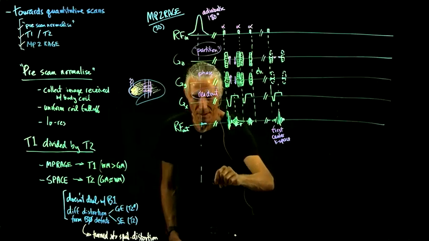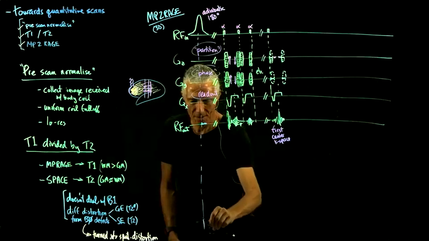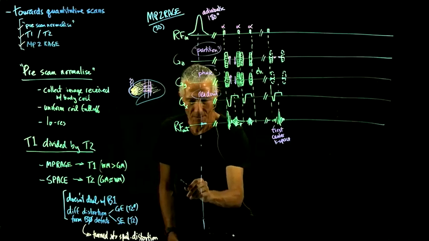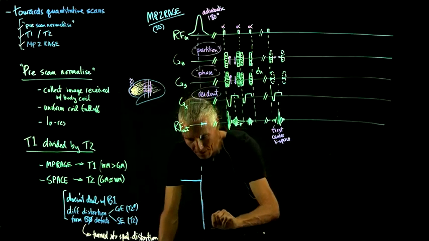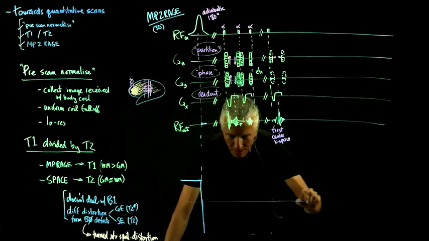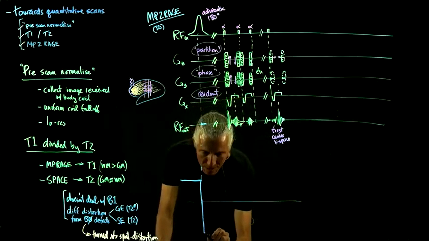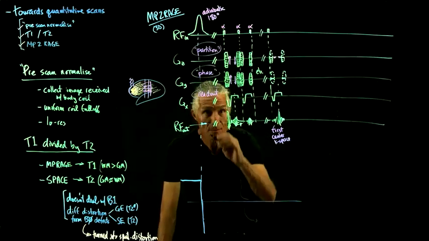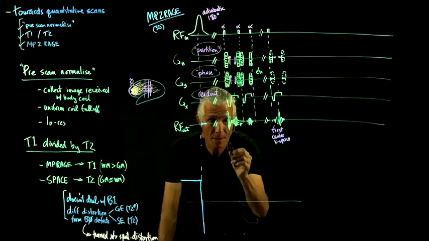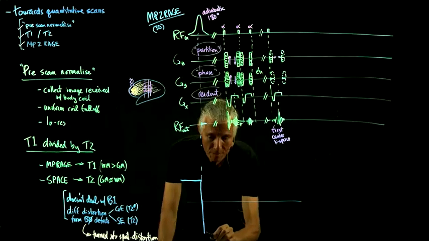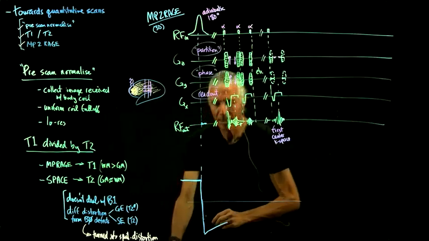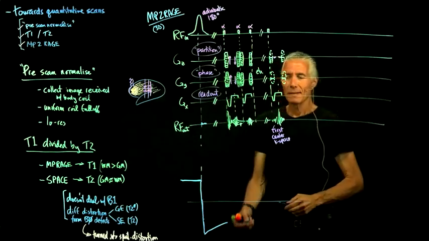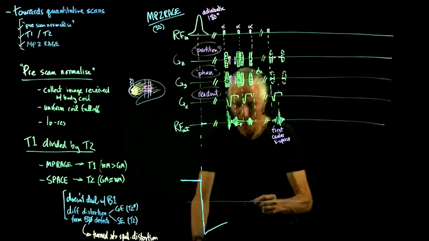And so if we put this down here, what's going on here? So we started off more or less at Mz0, and then we did a 180. So here's 0. And then we start recovering for a while. We wait, and this is a pretty big gap. So we wait for a while and start recovering. Don't record any data. And then we start doing a bunch of alpha pulses.